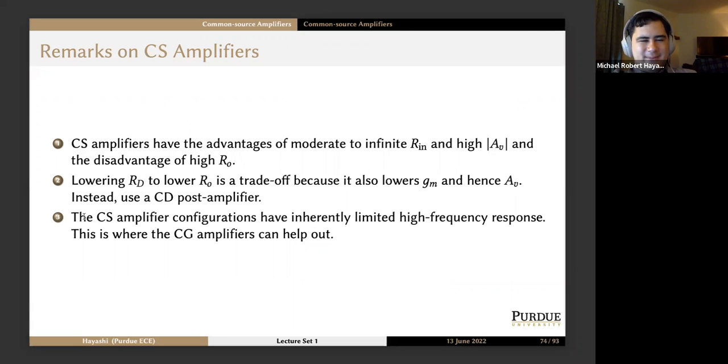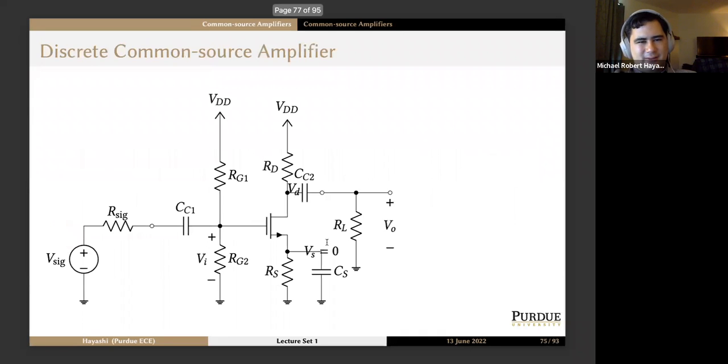Something you can't tell from this picture or any of our analysis so far is that the common source amplifier has an inherently limited high frequency response. Bandwidth is poor. That's where having common gate amplifiers can help out. So those are some remarks on the common source amplifier.